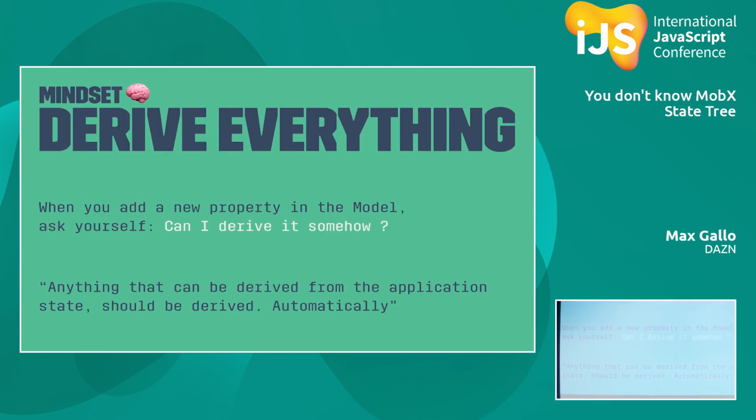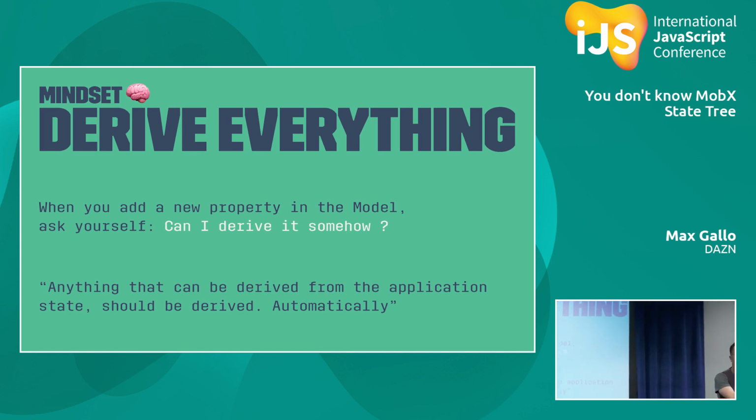Last but not least, almost: mindset, derive everything. Everything I said about MobX State Tree, you could forget about it, but just remember one thing. If you need to remember one thing, it is about derivation. Every time you try to add a new property in a MobX State Tree store, for example, you need to ask yourself, can I derive it somewhere? Can I obtain it from somewhere else?